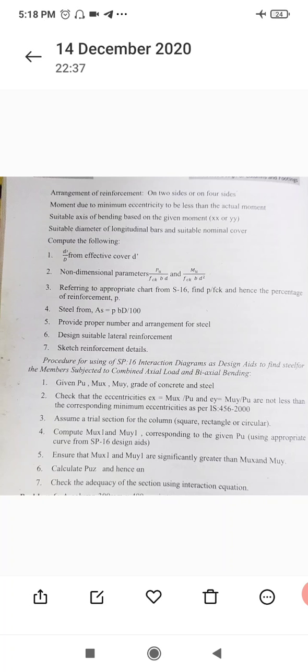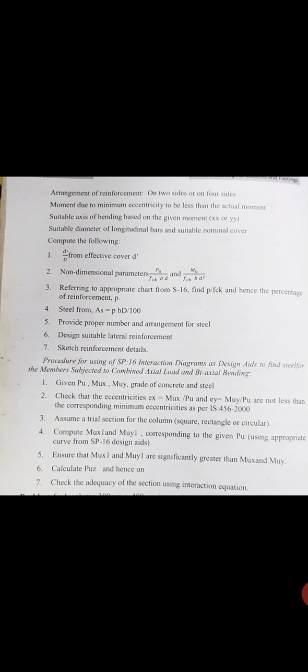Substitute the axis of bending based on the given moment, Mxx or Myy. Choose a suitable diameter of longitudinal bars and suitable nominal cover, and compare d dash divided by D, where d dash is the effective cover. Compute the non-dimensional parameters Pu divided by fck b D and Mu divided by fck b D square, refer to the appropriate chart from SP16 and read p divided by fck, and hence the percentage of reinforcement p. Steel area Asc equals p into b into D divided by 100. Provide a proper number and arrangement of steel bars, design suitable lateral reinforcement, and sketch the reinforcement detail.